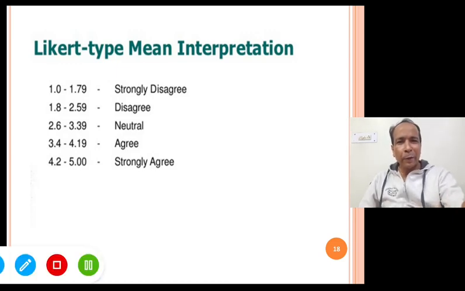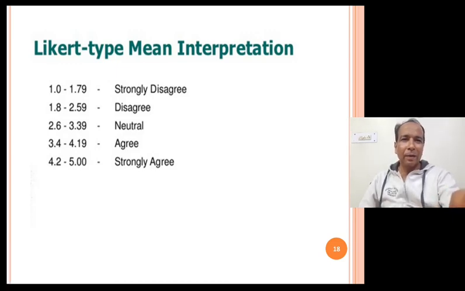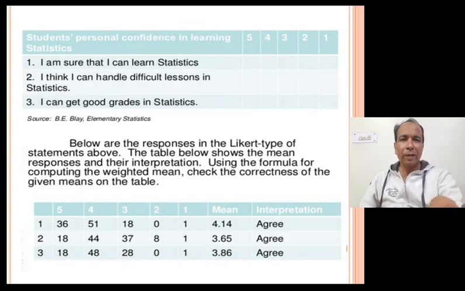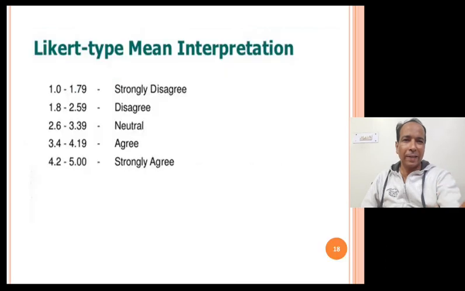Here you see the values 4.14, 3.65, 3.86, all of which come under the agree option, which spans 3.4 to 4.2.